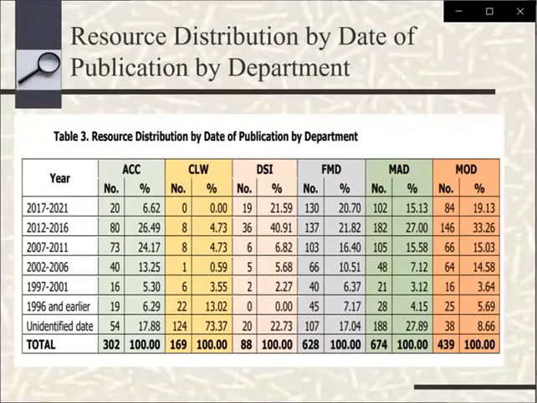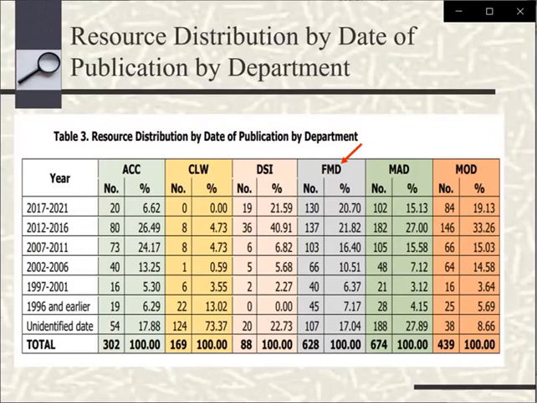Looking closely at the table of resource distribution by date of publication by department, the financial management employed more recent resource materials. The statistics show 20.70% of the 628 resource materials utilized in their course syllabi were published between the years 2017 and 2021, and 21.82% were published between the years 2012 and 2016.